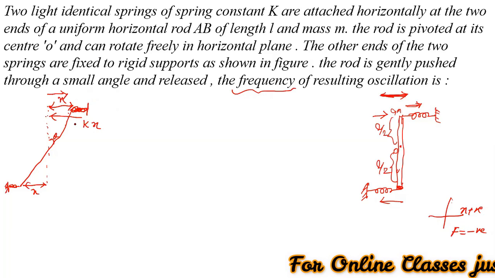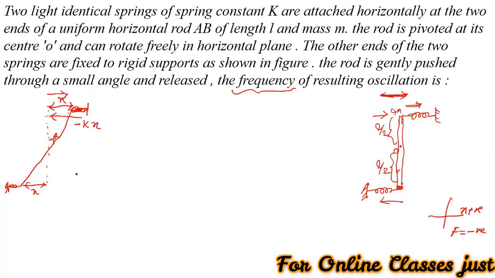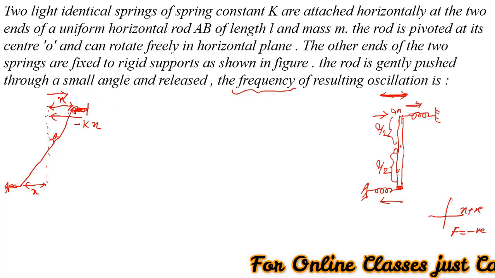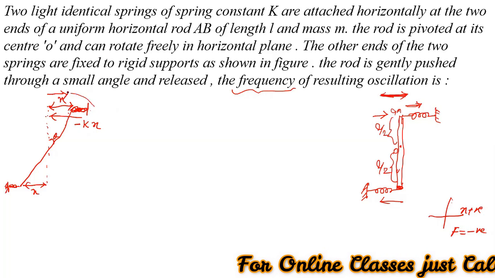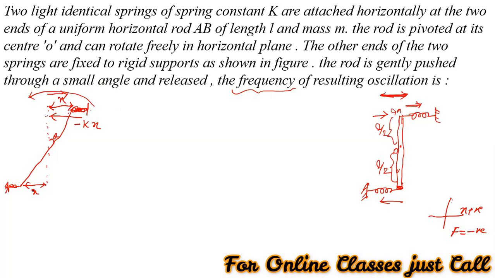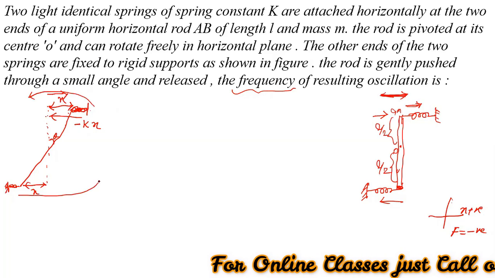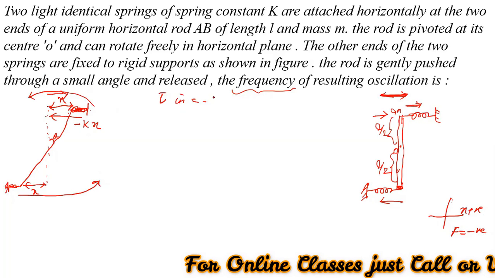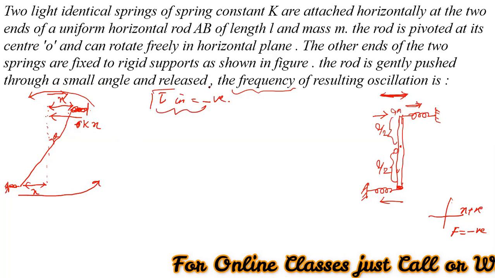That means we have minus kx. This is rotating anti-clockwise, and we know that if the torque is anti-clockwise, it is negative. Remember this concept.